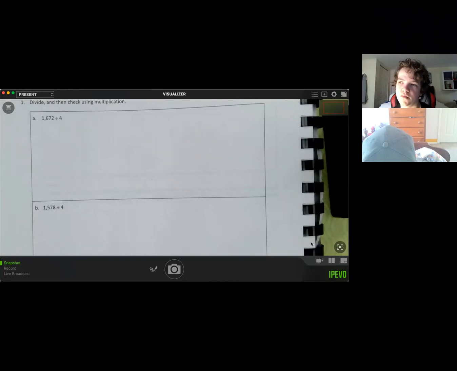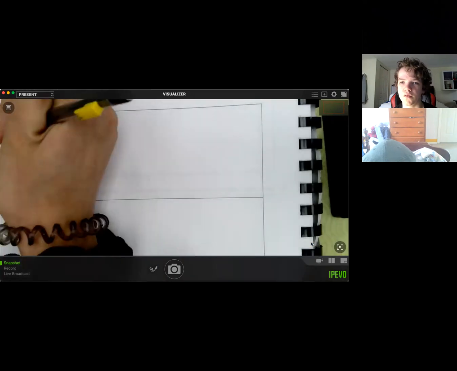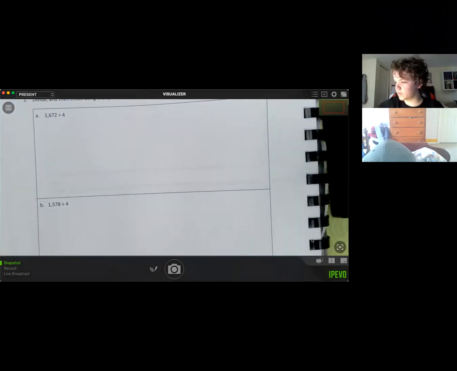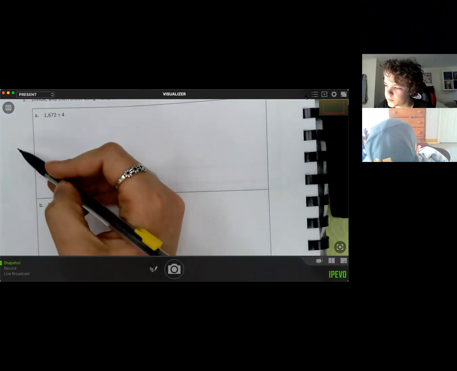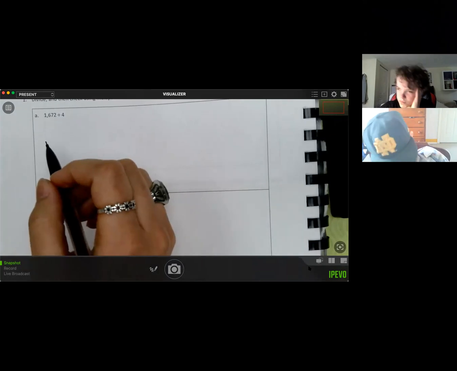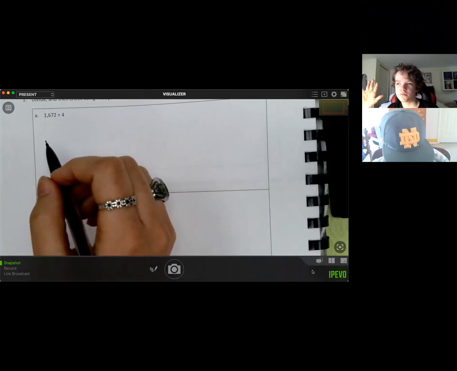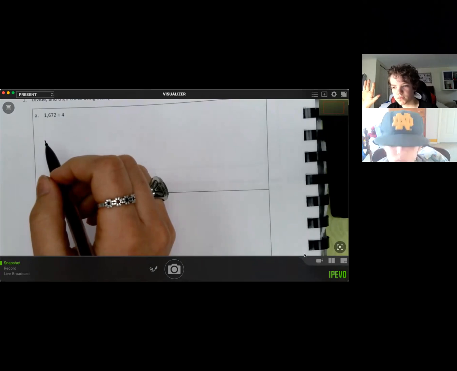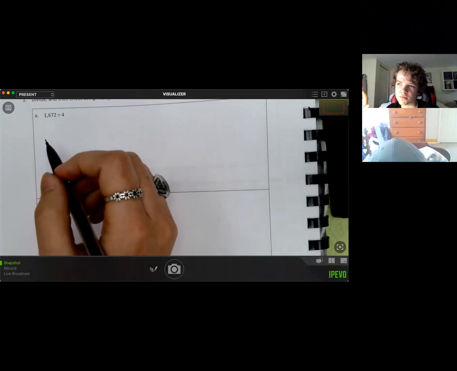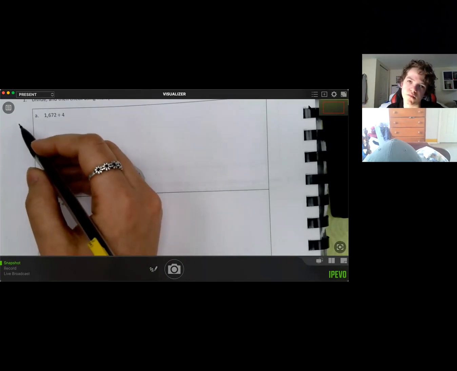Alrighty, so we're going to do this just like we've used long division before. Over here on the left, I'm going to write my steps on the side so I can remember. So who can remind me of what our steps are, the letters that I need to write on the side? Riley, do you remember?